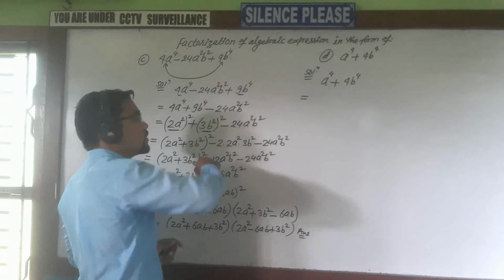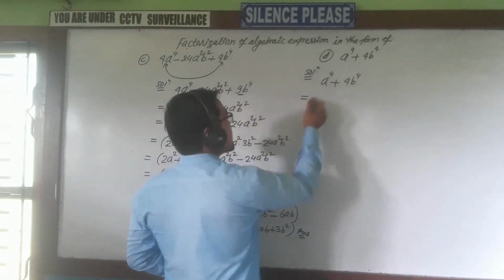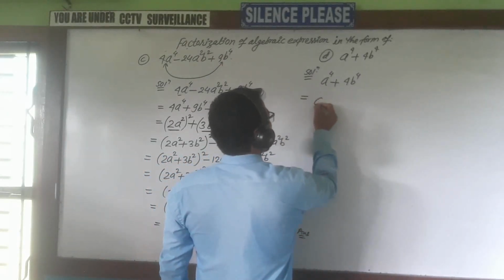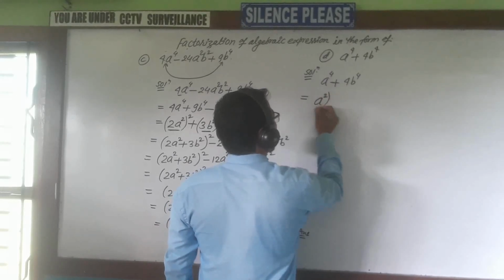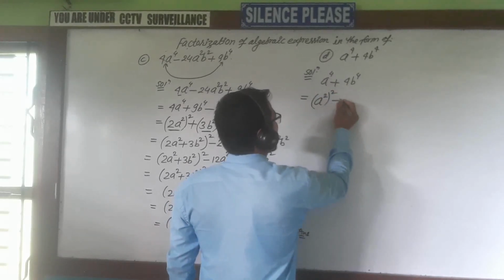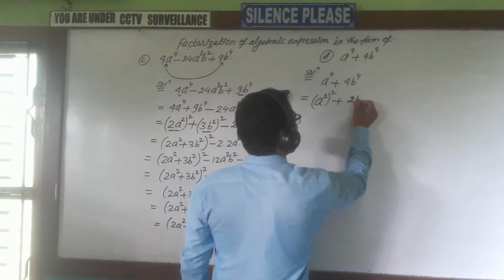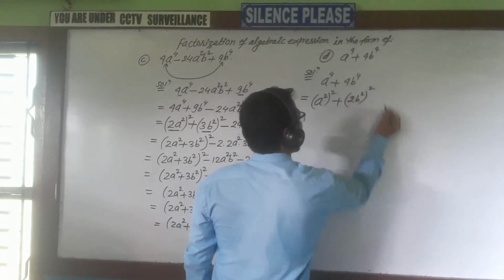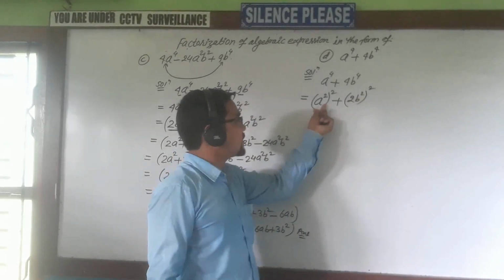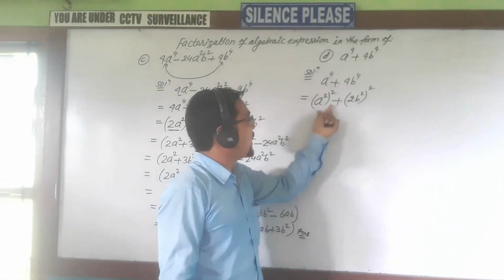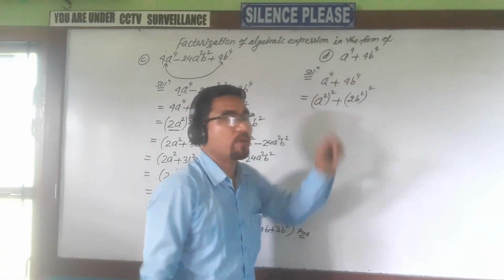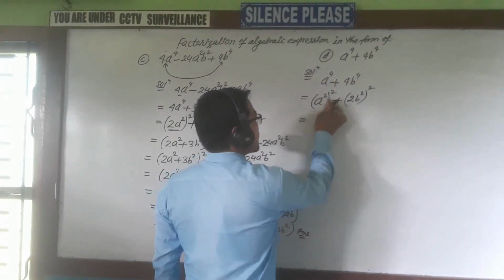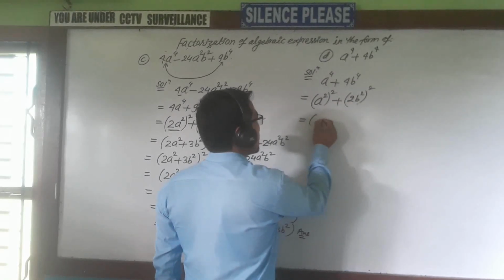By the same procedure we can follow it here. So let's write a square plus b square. That is a power 4, we can write a square whole square, plus this also we can write 2b square whole square. This is considered a, this is considered b. Then a square plus b square is equal to a plus b whole square minus 2ab.